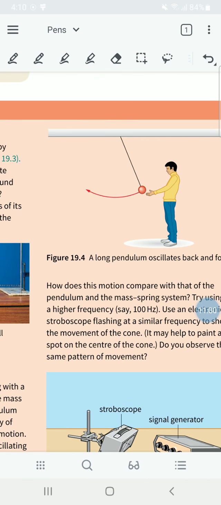And we will observe that the highest velocity would be at the center.